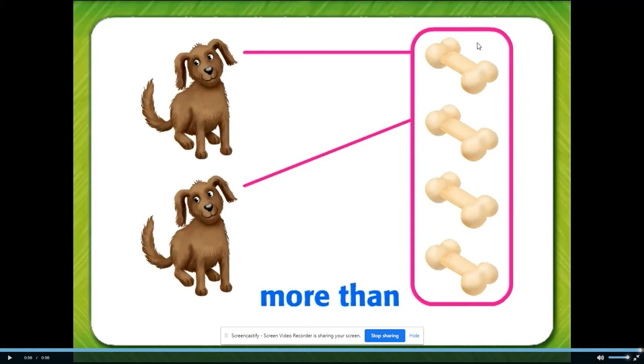But we have more than 2 bones. We have 1, 2, 3, 4 bones in the picture. So when we draw the line, it doesn't match up equally. It tells us that the bones are greater than the dogs.